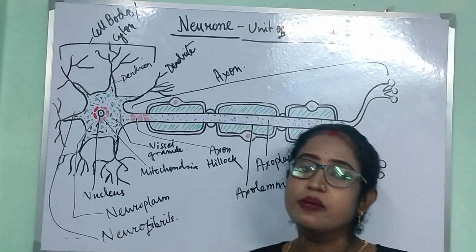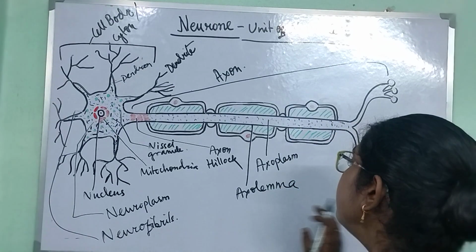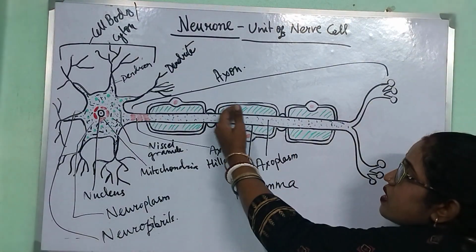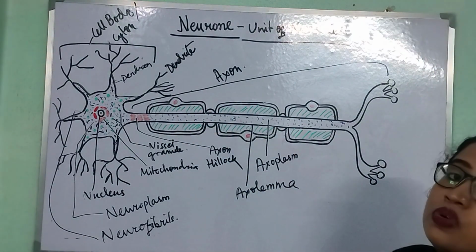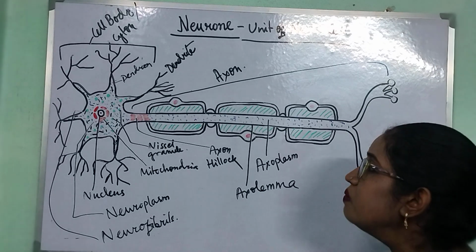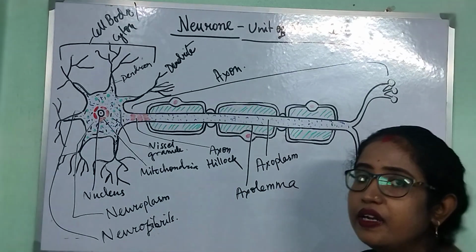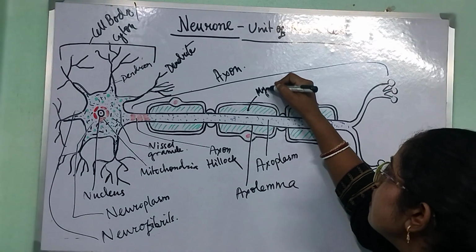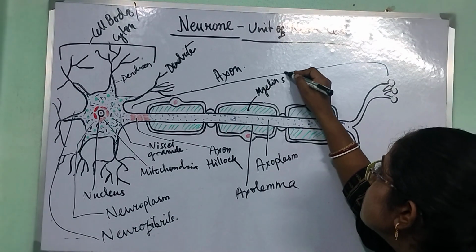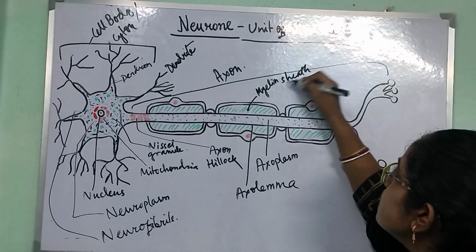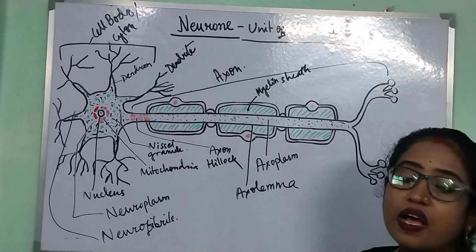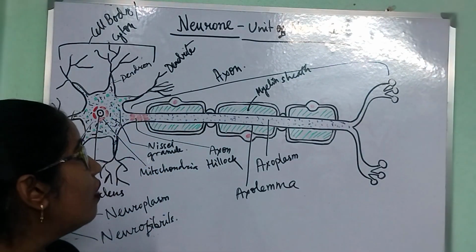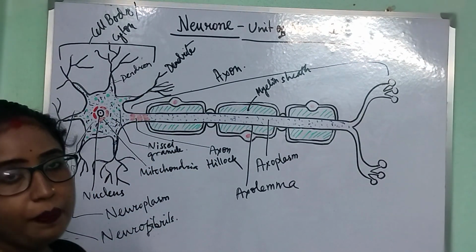This is known as axolemma. Lemma means covering, so the covering of the axon is known as axolemma. Then the axon is guarded by some insulated structures that are mostly made up of lipid and somewhat protein. These insulated structures are known as myelin sheath, and this myelin sheath performs the basic insulation property.